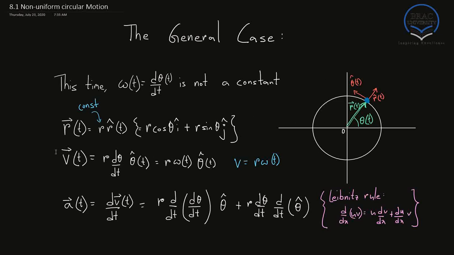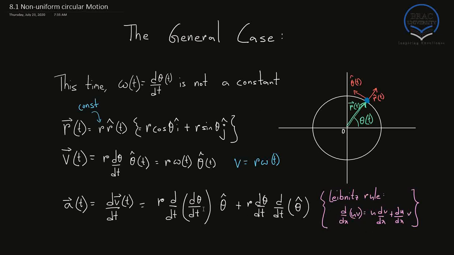Anyway, let's differentiate v t one more time to get acceleration by definition, right? a t is dv by dt. But to differentiate this expression, you need to use the Leibniz rule, right? The Leibniz rule says that if you have a product, then to differentiate it, you keep one part of the product constant, differentiate the other part, and well, this is something you must have used a lot of times.